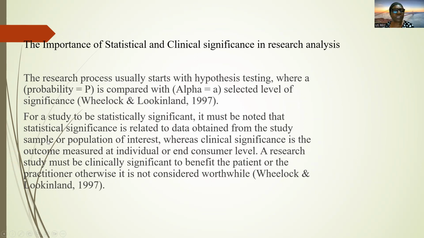It must be noted that statistical significance is related to data obtained from the study, sample, or population of interest, whereas clinical significance is the outcome measured at the individual or end consumer level. A research study must be clinically significant to benefit the patient or the practitioner, otherwise it is not considered worthwhile.